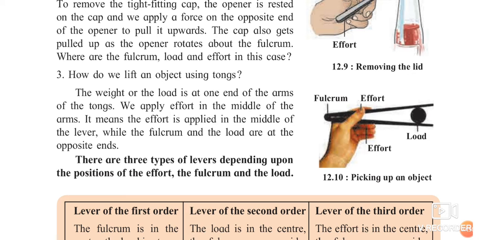The next one, you can see this boy has picked up the load with an instrument where the fulcrum is at the end, the effort is given in between, and the load is at the side. Every time the fulcrum, load, and effort will not be in the same sequence; it can change. Depending upon that, there are orders of the lever.